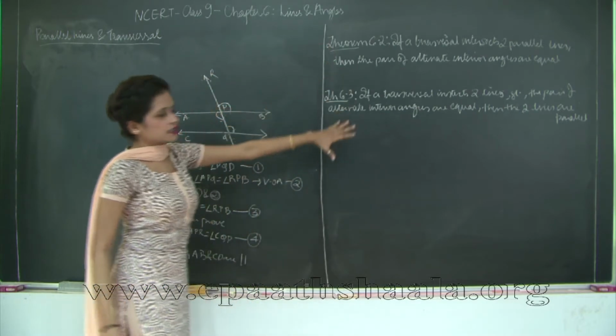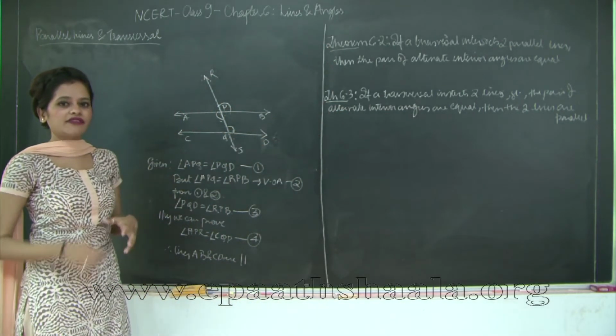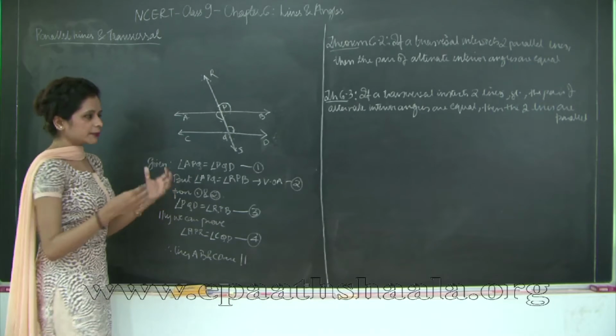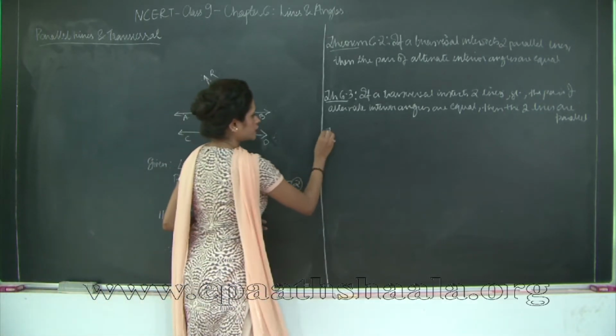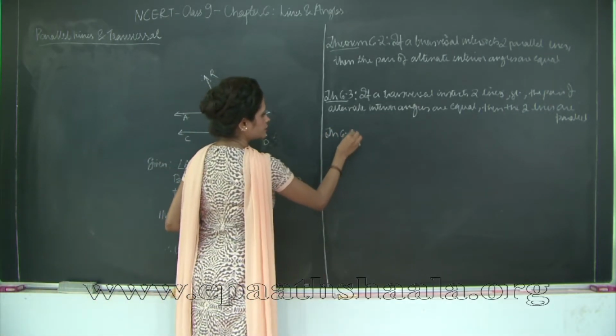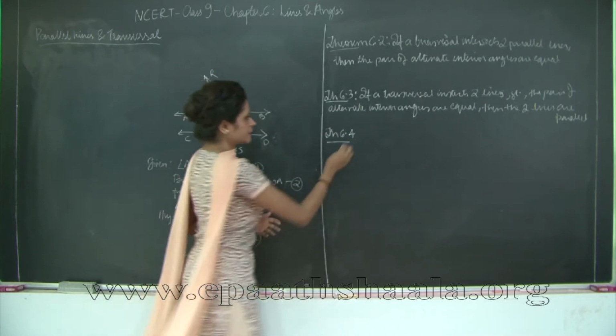Now we have proved these two theorems. We have two more theorems. We need not really prove them. I'll write them down for you. Theorem 6.4. What does it state?